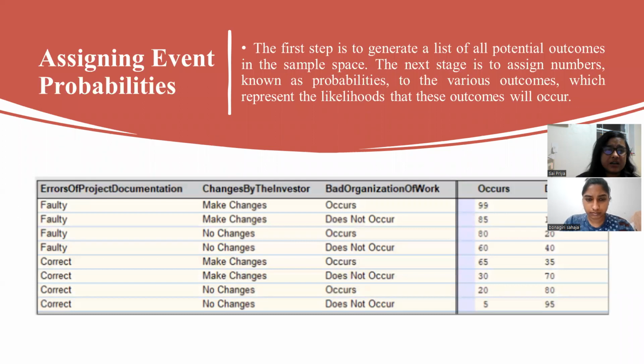Coming to assigning event probability, the probability is defined as a number between 0 and 1. How does a probability value and accuracy become assigned? There are three options for doing this. The method based on personal opinion, the approach based on relative frequency, and the traditional method. Each strategy, the method is the most straightforward in practice, but it is also the least dependable.